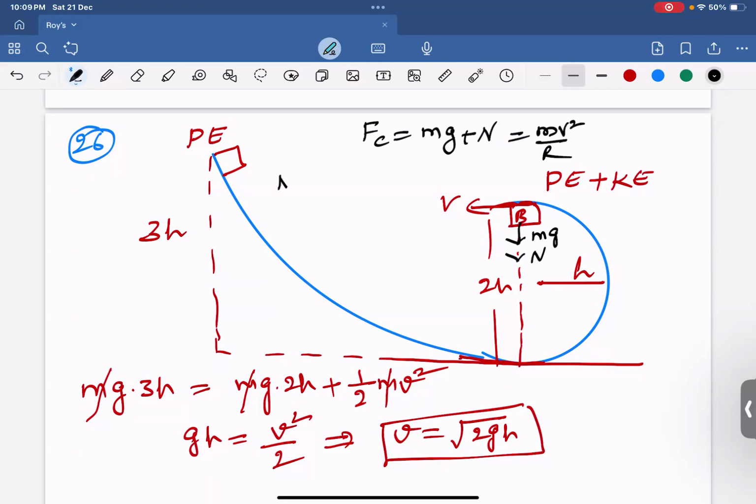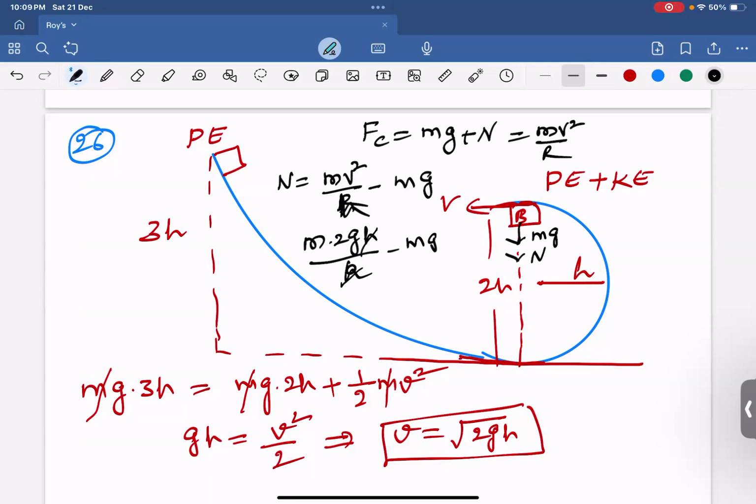That means the normal reaction will be mv square by r, r is here h, so I can use mv square by h minus mg. V square will be 2gh, as you can see here. So it is m into 2gh divided by h minus mg.